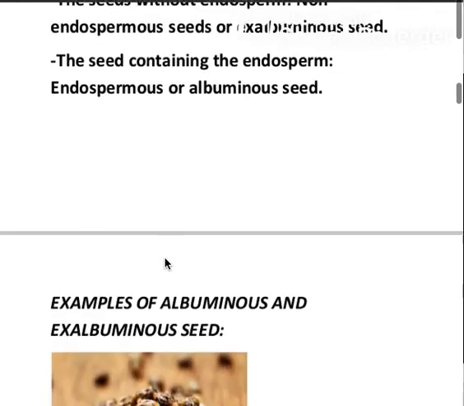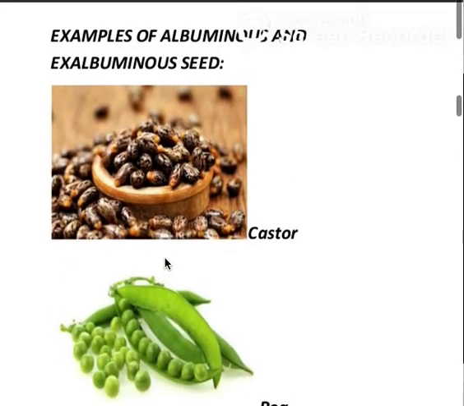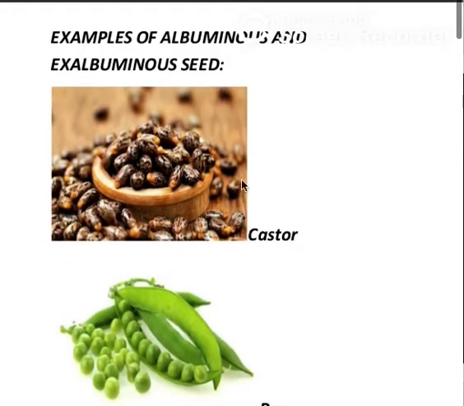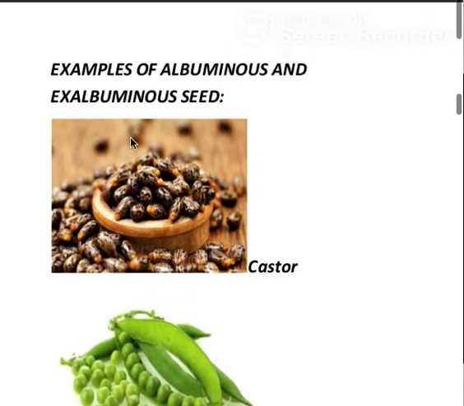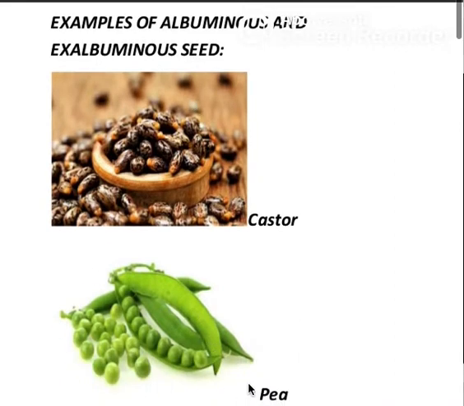One thing I have to explain that I have not explained is that there are two types of seeds in general. Some seeds have the endosperm completely absent because the growing embryo has completely devoured the endosperm. Those kinds of seeds are called exalbuminous seeds, like the pea plant.